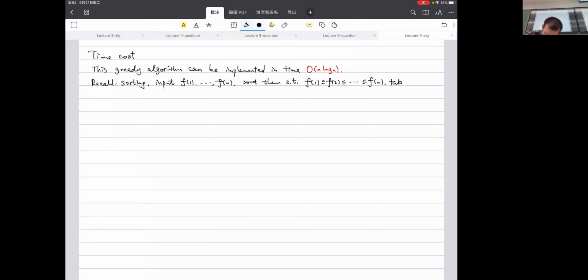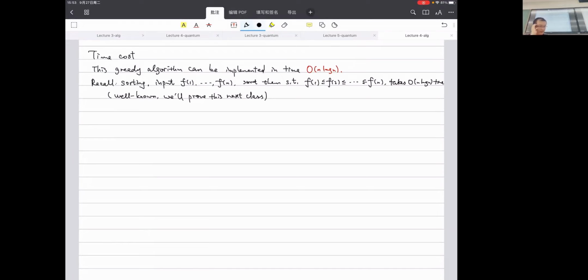Sorting takes O(n log n) time. This is well known, and we will prove this next class. Maybe from your undergraduate course, you have heard this result that sorting takes O(n log n) time.